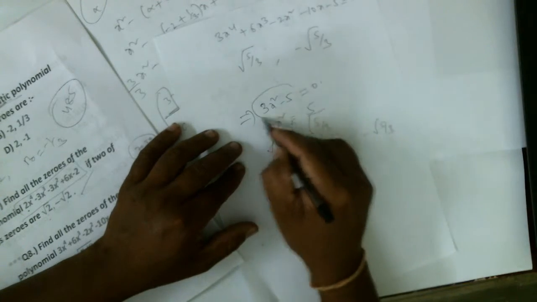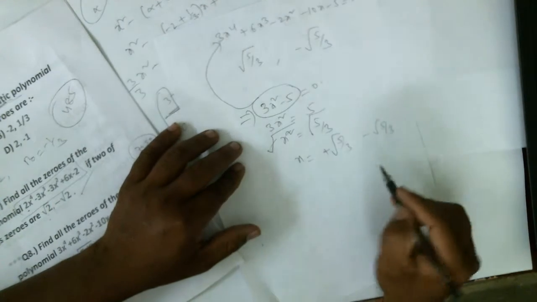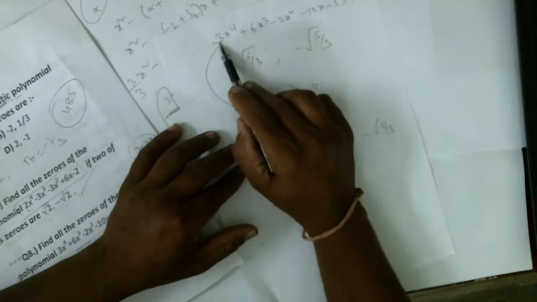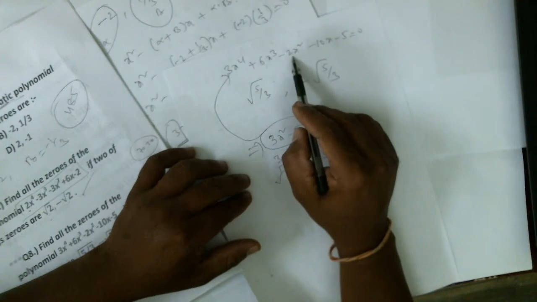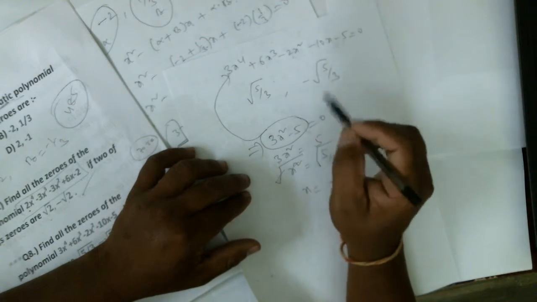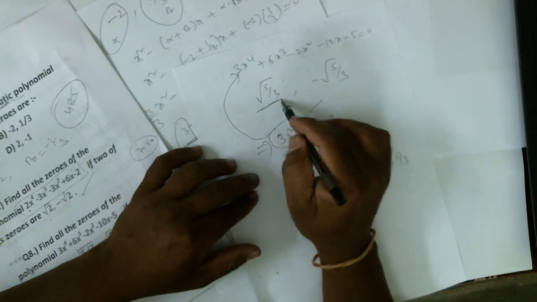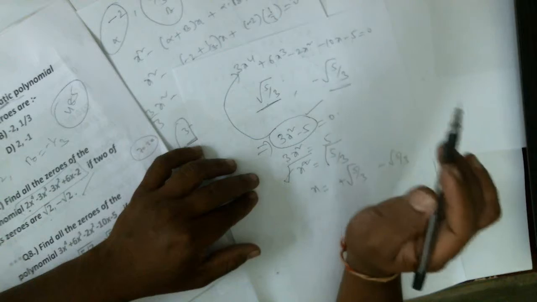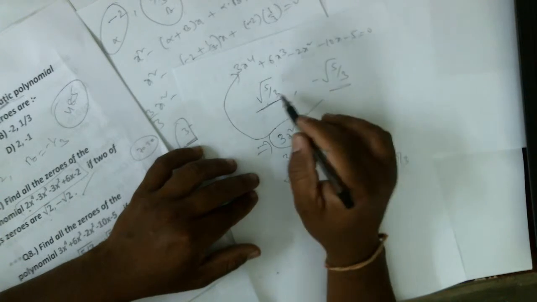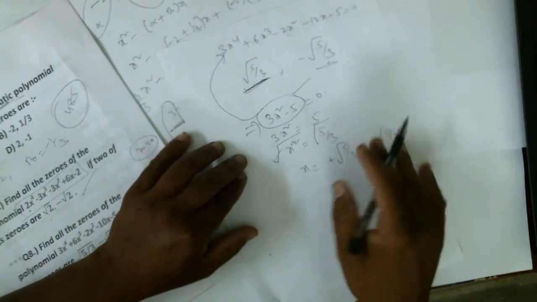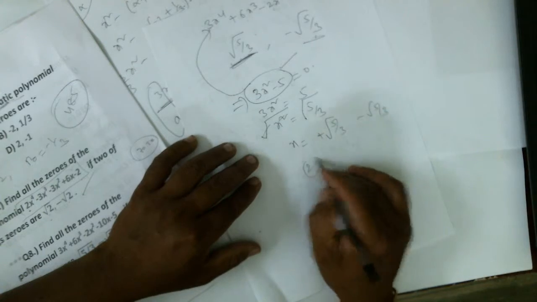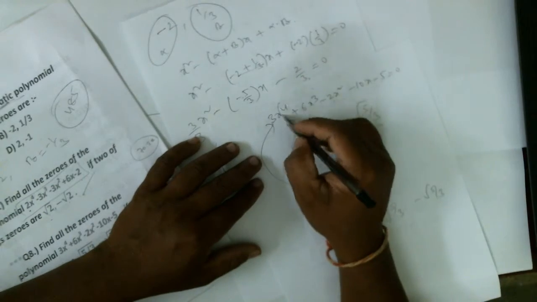So we have to divide by this expression. 3x power 4 plus 6x cube minus 2x square minus 10x minus 5 can be divided by 3x square minus 5. Here already he has given two roots, root 5 by 3 and minus root 5 by 3. These are two zeros of the polynomial, and again we have to find the other two zeros. Why? Because the degree is 4.